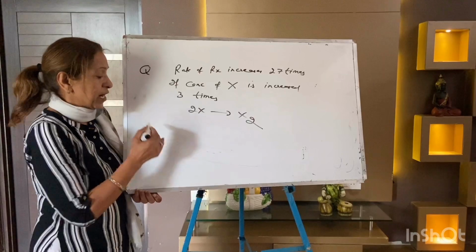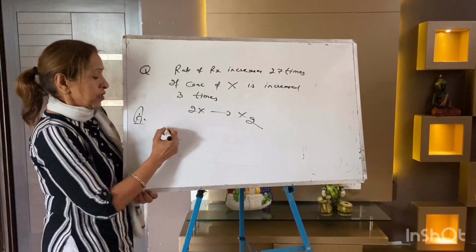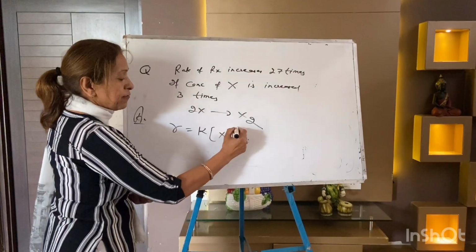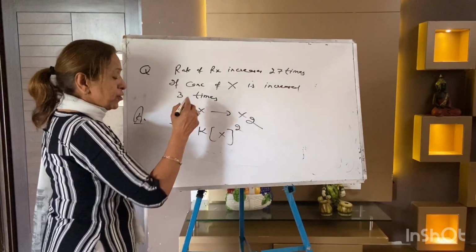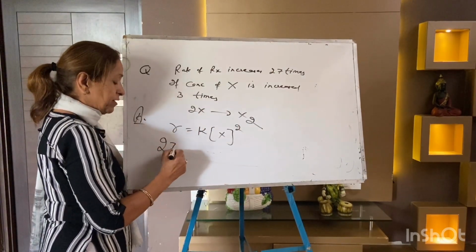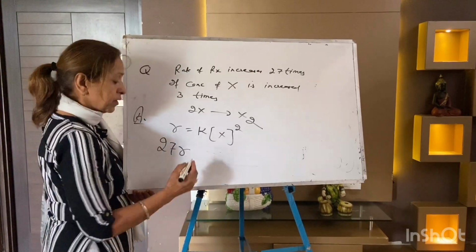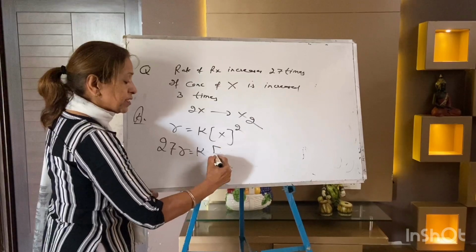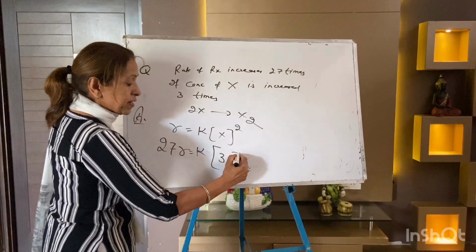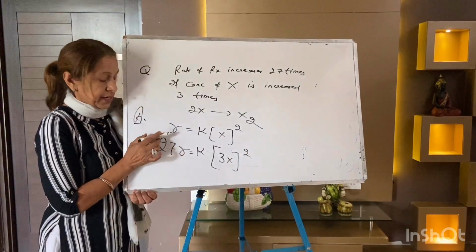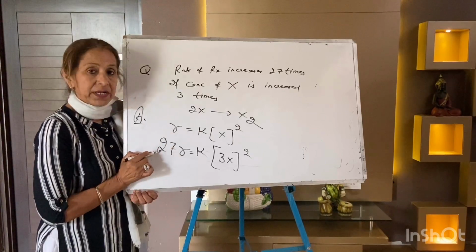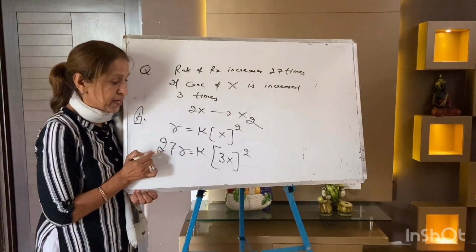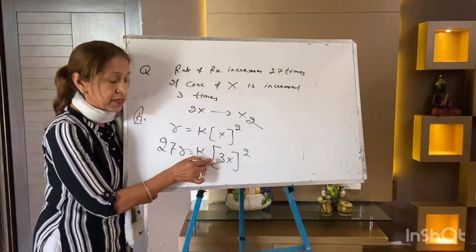Okay, now I'm going to start the answer. It is R is equal to K X power 2. The rate of the reaction becomes 27 times, 27 R is equal to K, when the concentration increased 3 times, 3X power 2. It was R, now it is 27 R. The reaction rate increases 27 times when the concentration increases 3 times.